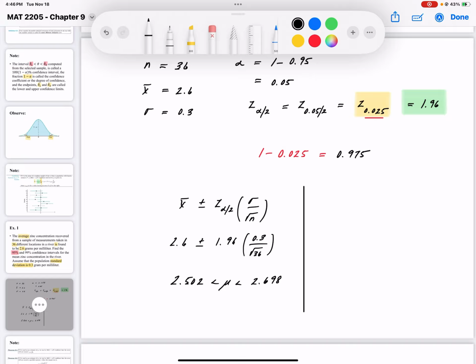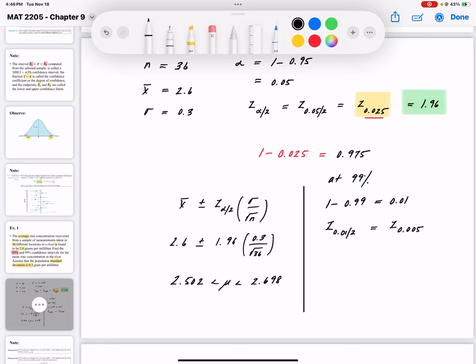It's basically just the z sub alpha value that will change. So at 99% confidence, we've got 1 minus 99%, which is 0.01. And that z sub 0.01 divided in half gives me z sub 0.005.